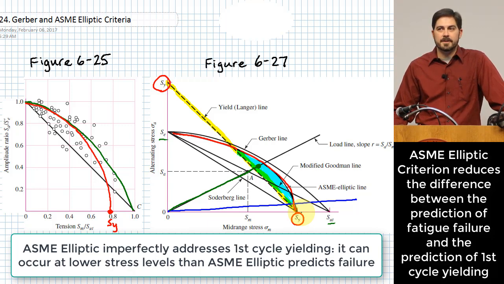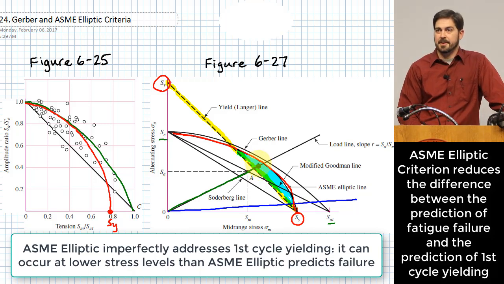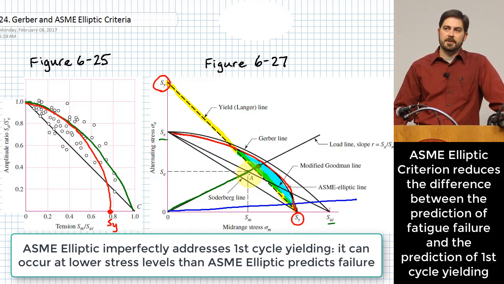Right? So you could have this first cycle yielding, but you're not having failure. You will have first cycle yielding if you go outside of that Langer line, but you're inside of the ASME elliptic line, which means that it's saying that your factor of safety is going to be greater than 1.